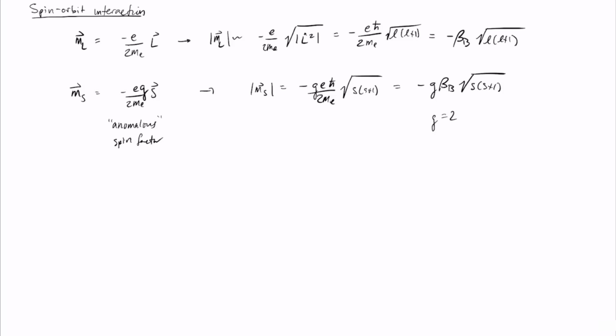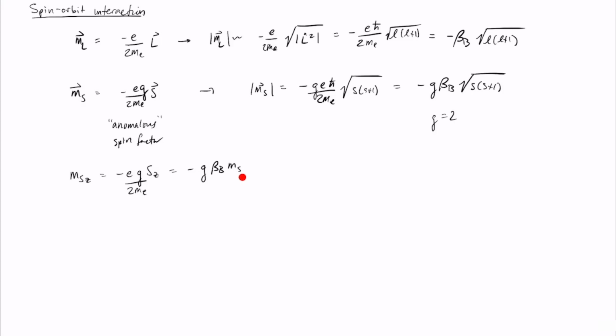Okay, so now if you look at the magnetic moment that is caused by the spin that is pointing in the z direction now, this would be equal to minus e times g s z, so the spin in the z direction, divided by 2me, then equal to minus g times the Bohr magneton times m sub s.